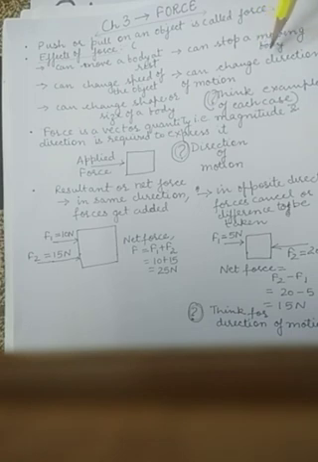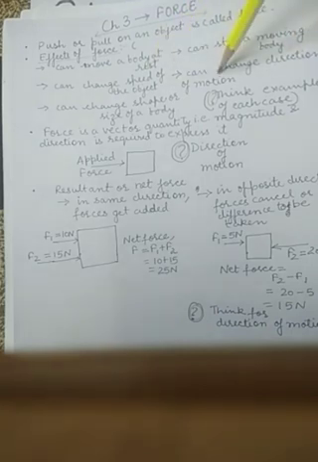Imagine that a child or your friend throws a ball towards you. The ball is moving, but you applied force with your hand and the ball came to rest. So that change in the state of the object is due to the effect of the force.